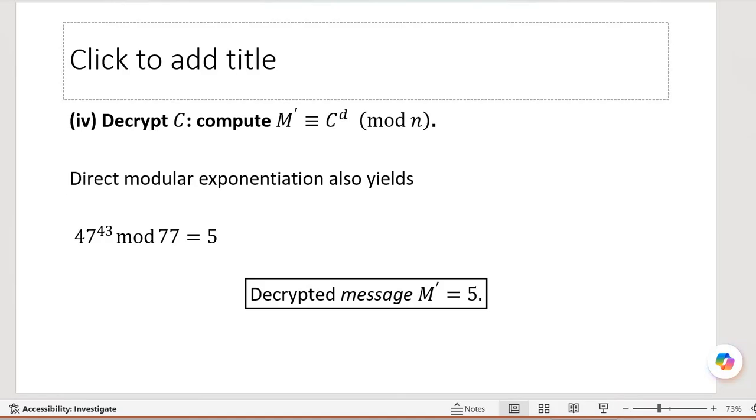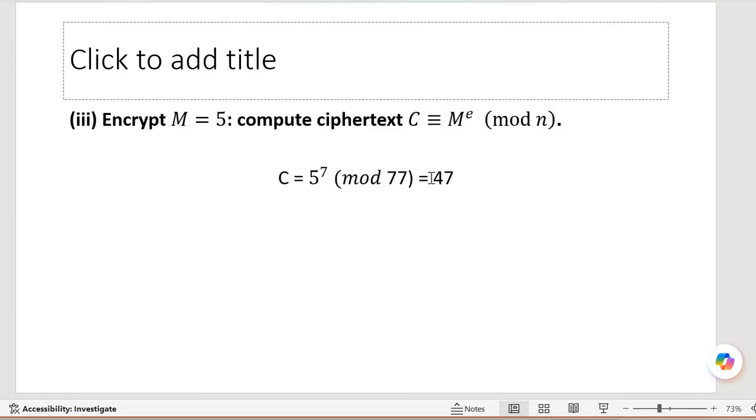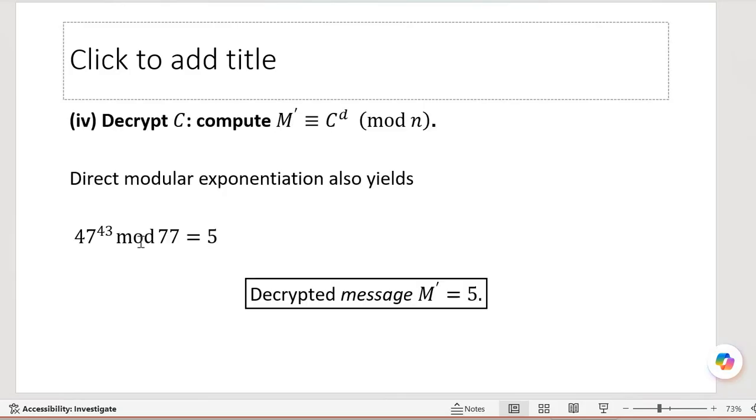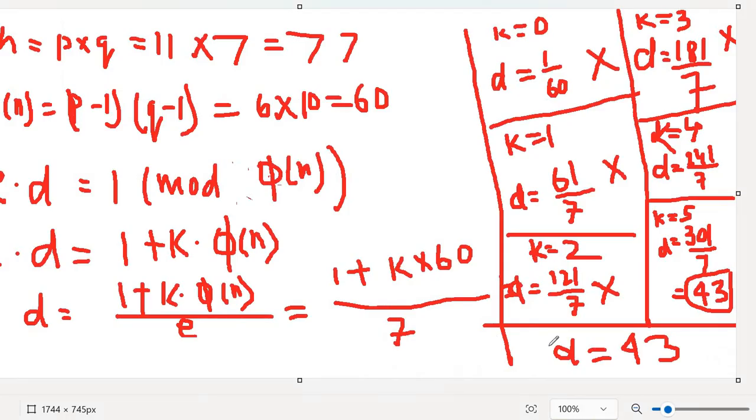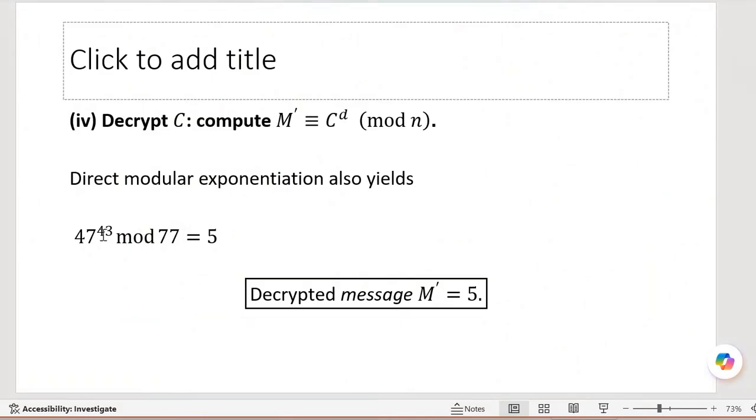So c we have calculated as 47, and you are going to put 47 raised to the power d. That d we have calculated as 43. So 47 raised to the power 43, then mod 77, because n we have already calculated.